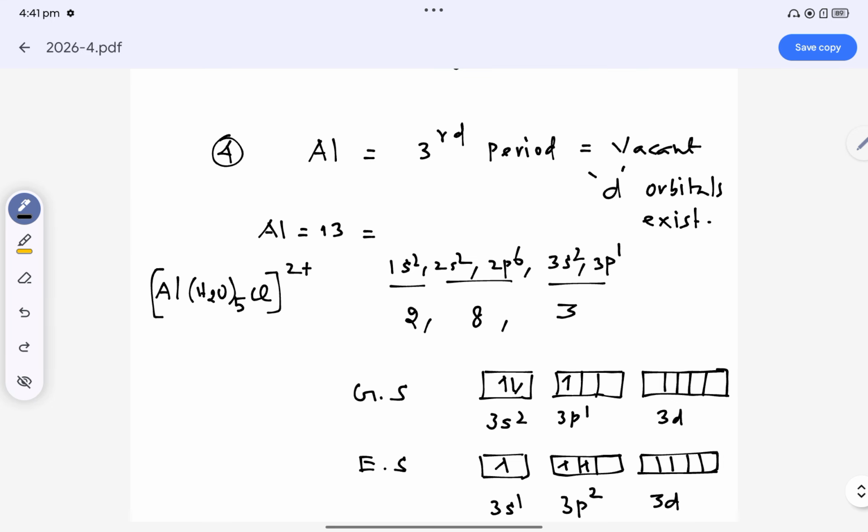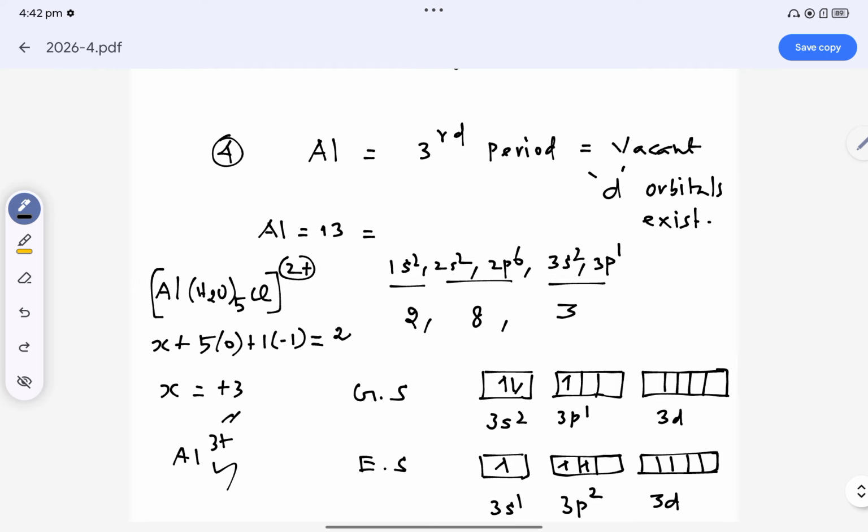Finding the oxidation state, aluminium is taken as x. The aqua ligand is neutral, its value is 0. Chlorine has a value of minus 1, and 2+ is the charge after the equals sign. So x is ultimately plus 3. The aluminium oxidation state is found to be plus 3.